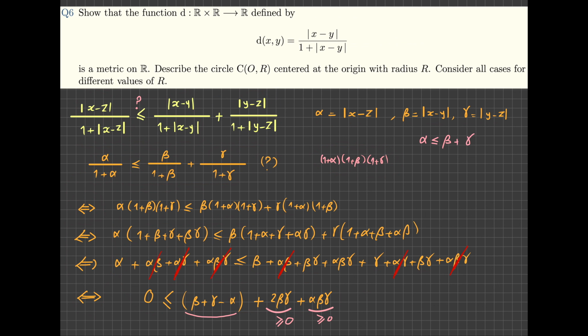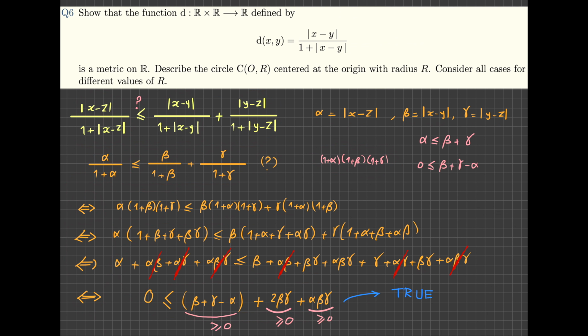So this means that 0 is less than or equal to beta plus gamma minus alpha. So yes, this expression is also non-negative. And now the right-hand side is the sum of 3 non-negative values. Definitely the sum is a non-negative value. So what I can conclude is that this inequality is indeed true.